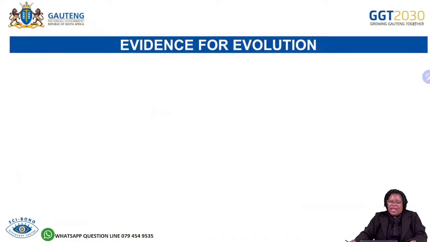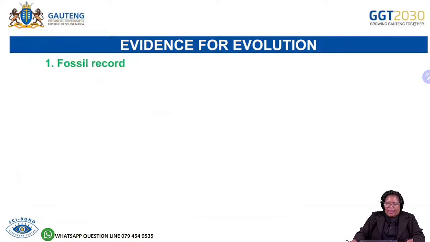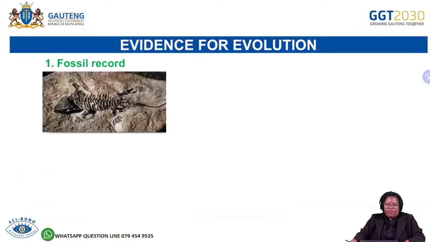Now we're going to look at evidence for evolution. Remember when I started, I indicated that according to exam guidelines, we will be looking also at the evidence for evolution. Now, fossil record for an example. Now, in order to look at the ages of this fossil, basically you need to look at what?